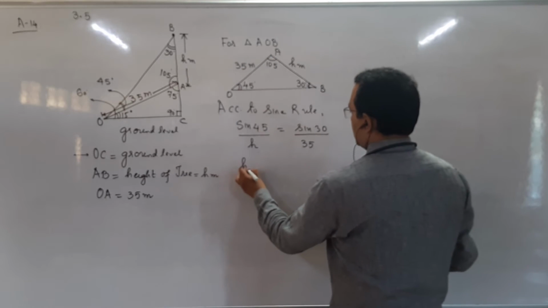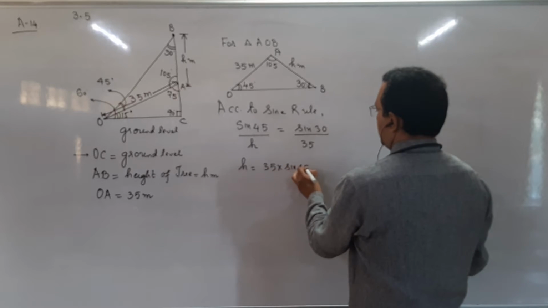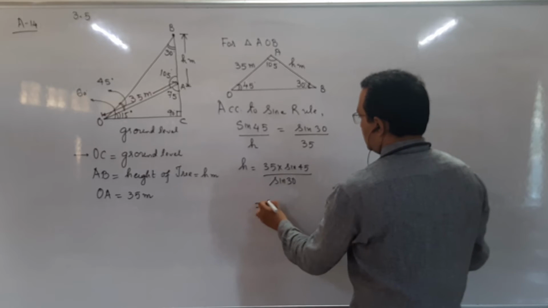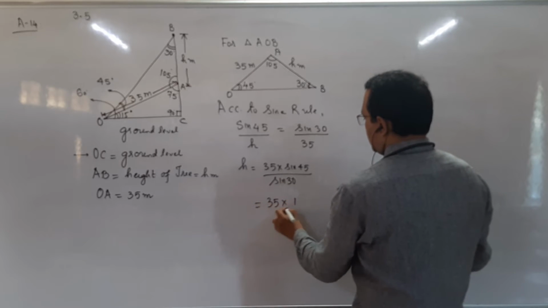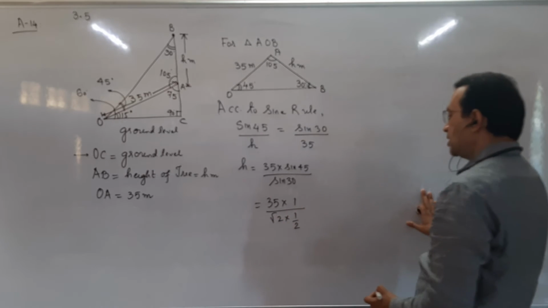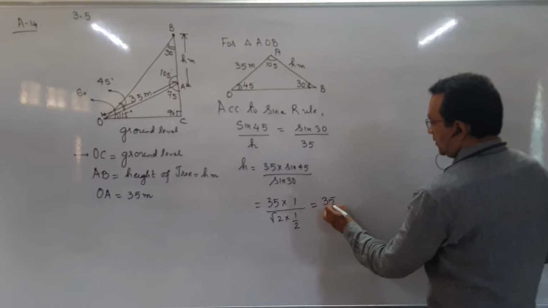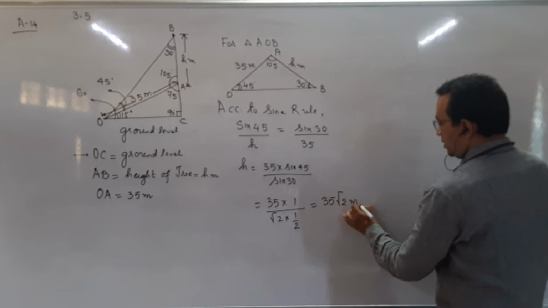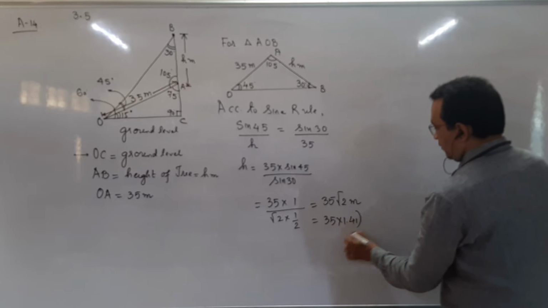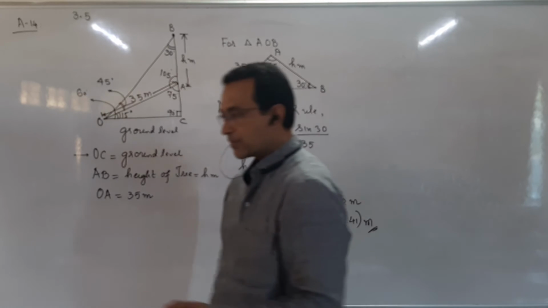So h will be 35 into sine 45 divided by sine 30. Sine 45 is 1 by root 2, sine 30 is 1 by 2. So this becomes 35 root 2 meter, or you can multiply by 1.41, whatever is your answer.